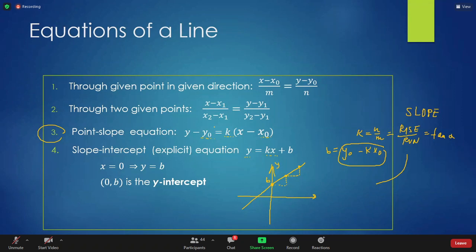There are different ways of doing it, because all these equations describe one and the same line. This is all about the same line, different ways of describing it. What we use is what is the most convenient in that situation, as always. So you start with what you have got. If you have got 2 given points, very nice. We have this framework in which we put the coordinates of the 2 given points.